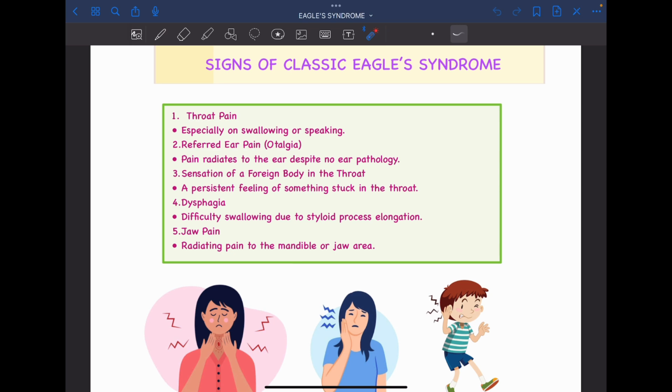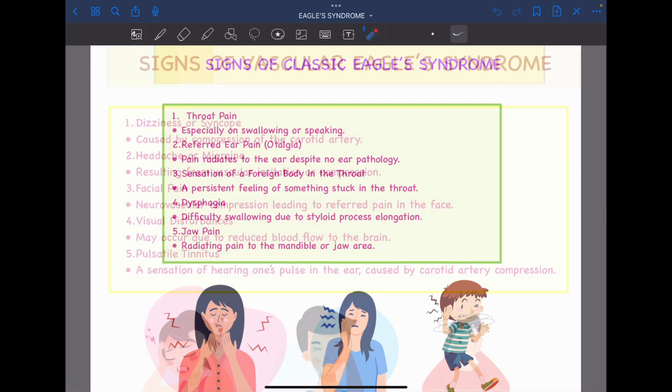Sensation of foreign body in the throat, again the same reason, it is compressing upon the surrounding vital structures, right? So there is a constant feeling of something stuck in the throat. Then there is dysphagia, difficulty in swallowing because of again elongation of the styloid process, and there is radiating pain, right? It might radiate to the lower jaw area or to the ear itself.